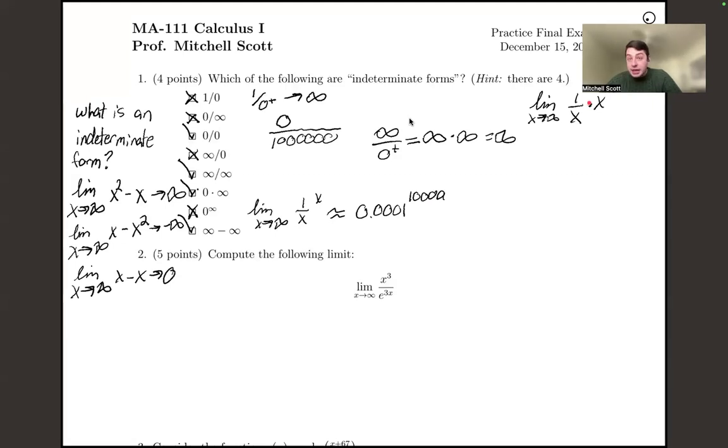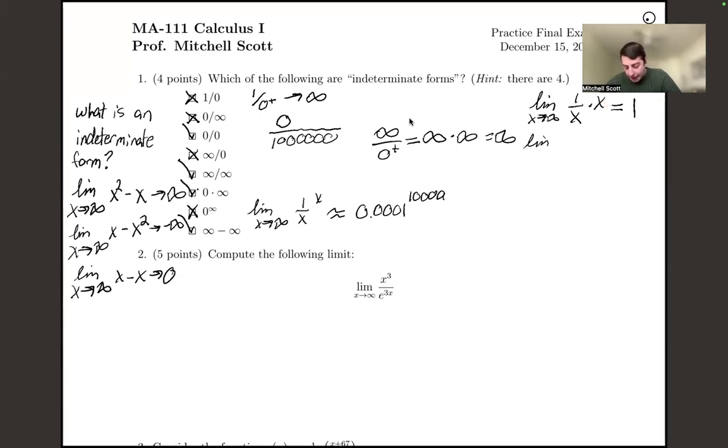Obviously, this is going to converge to 1 because x divided by x is just 1 for every value. So this equals 1. And this is a 0 because as x gets very big, 1 over a very big number is 0, and then this is a very big number. So this is a 0 times infinity problem.